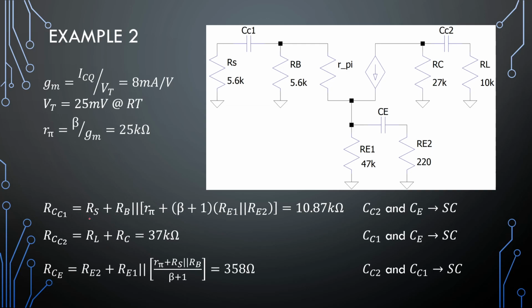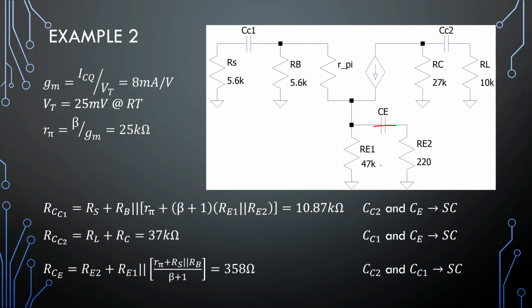CC1 still sees RS, but in the previous problem we only saw R pi. Now looking into the transistor, we are going to see R pi and these two resistors in parallel when this capacitor is shorted.